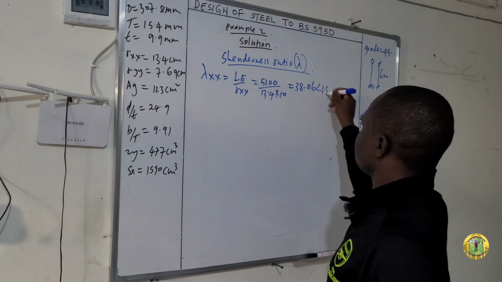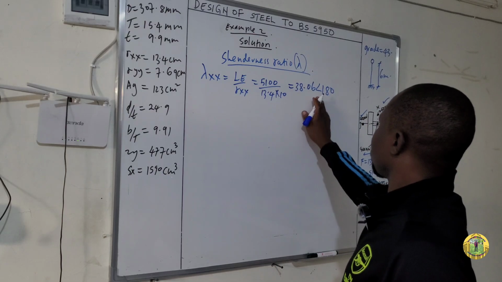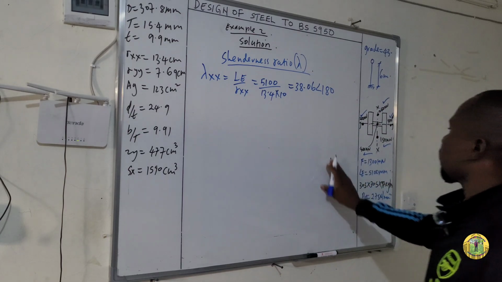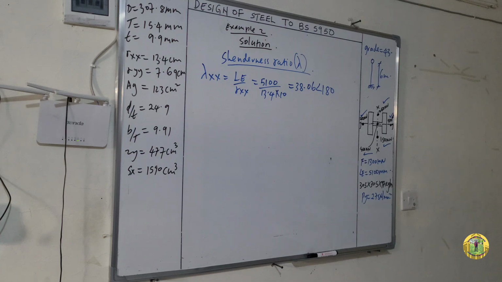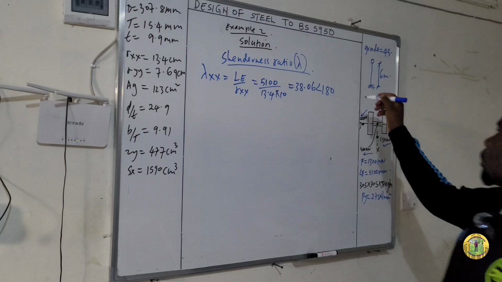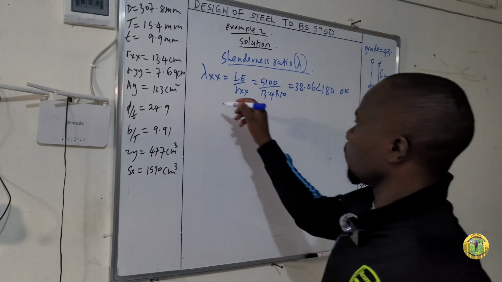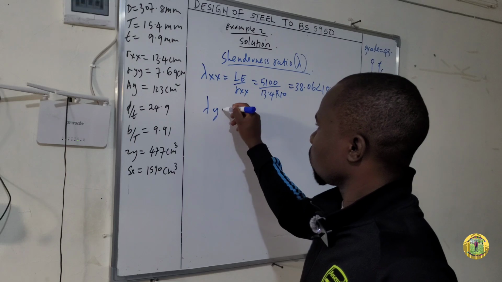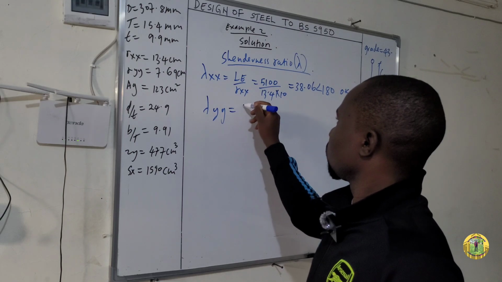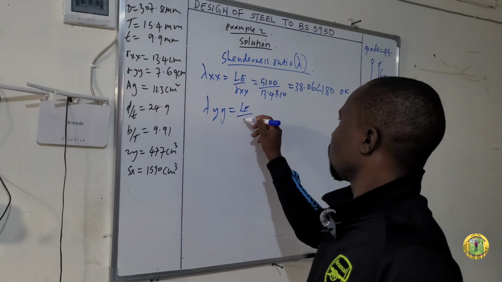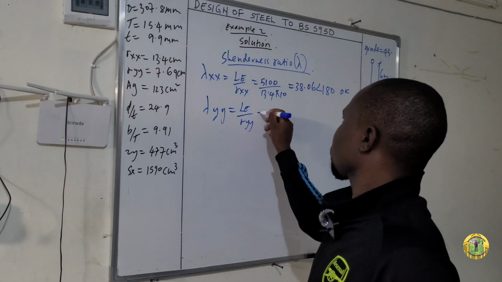which is less than 180, because we are designing only for dead and imposed load and not for wind. So therefore, okay. And then we will also calculate the slenderness ratio for the YY axis, which is equal to LE all over RYY.